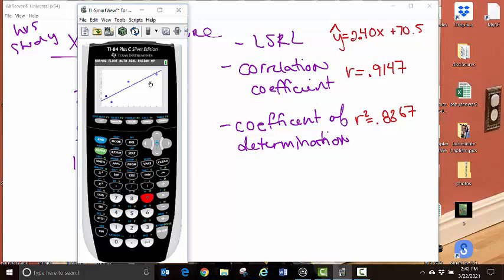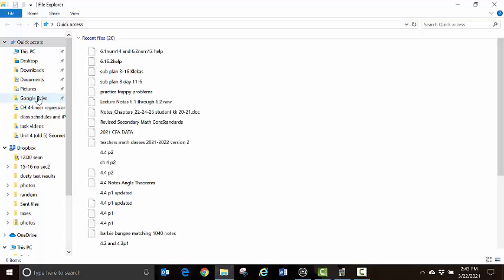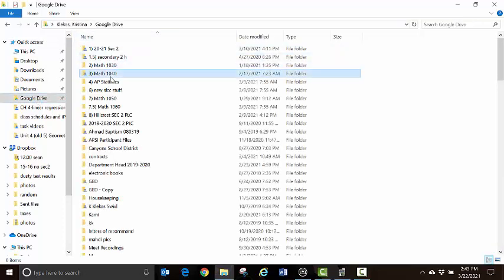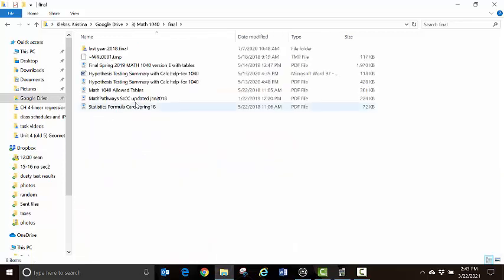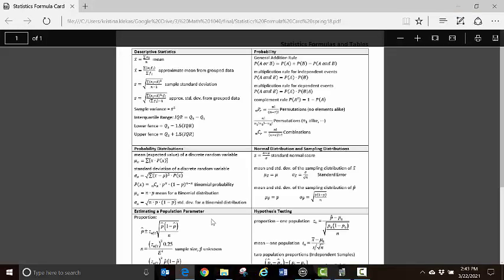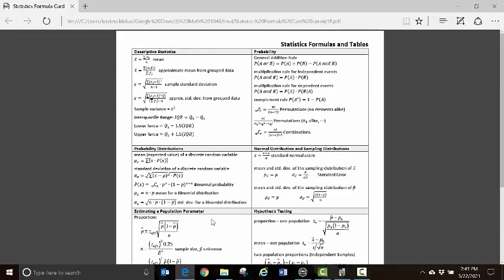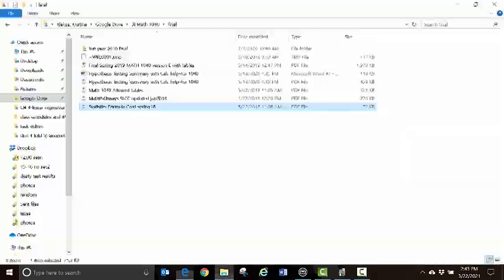So I need the critical value to compare my R to. So the critical value comes from your formula sheet. It's also in your notes. I'm going to pull it off the formula sheet this time. So, guess it's not on this one.